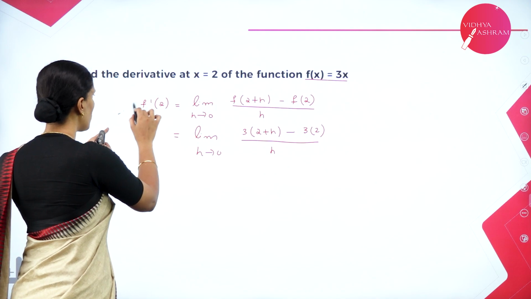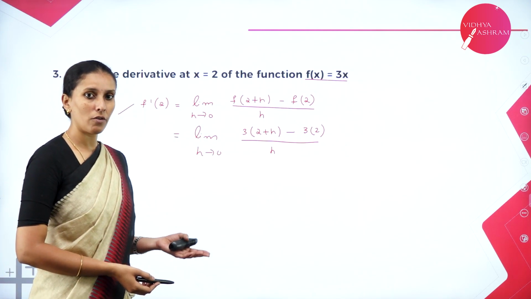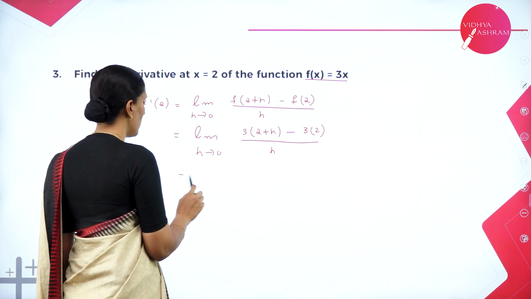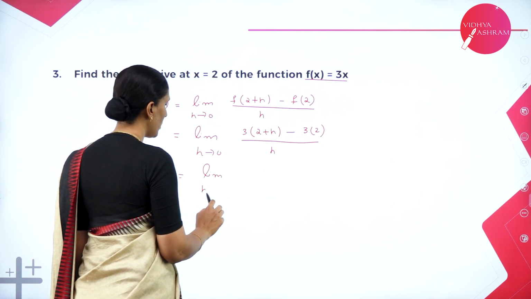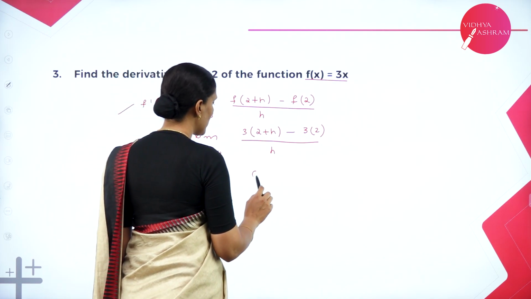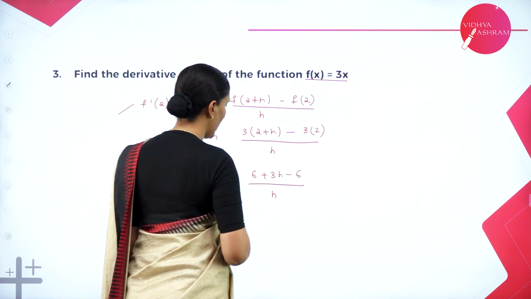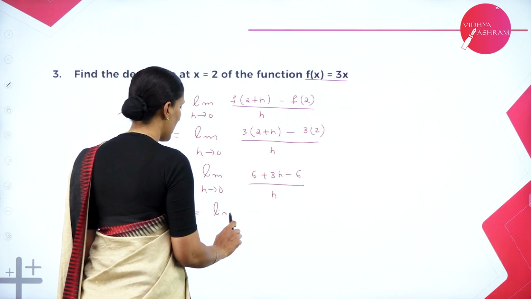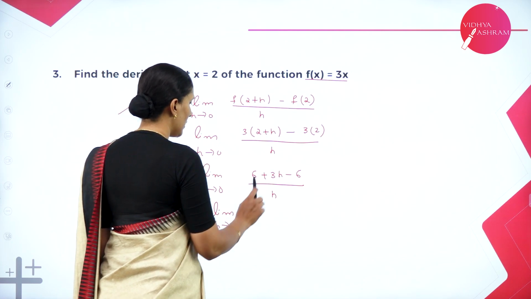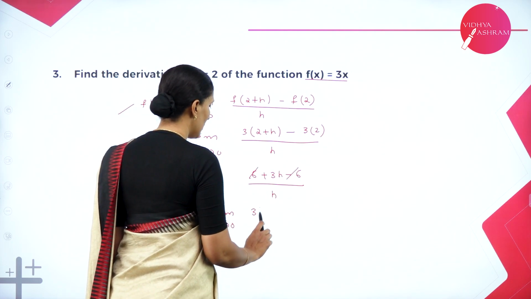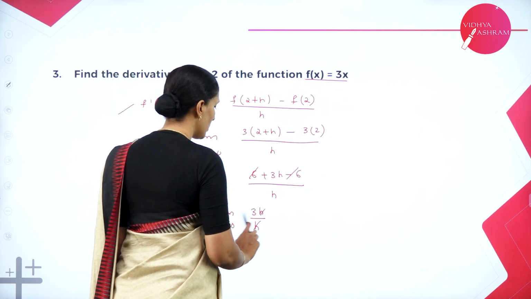Just use the definition and the rest of the steps are very easy to simplify. So now limit h tends to 0, 3 twos are 6 plus 3h minus 6 whole divided by h. So limit as h tends to 0, 6 minus 6 cancels, 3h by h cancels.